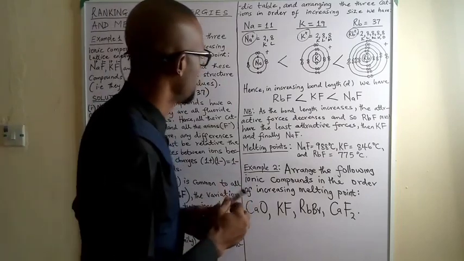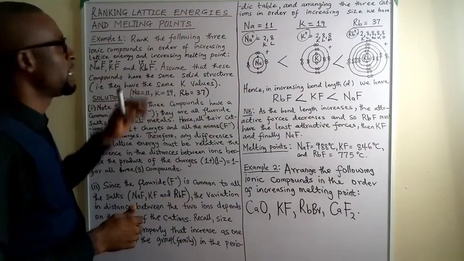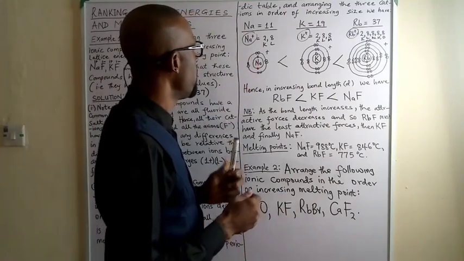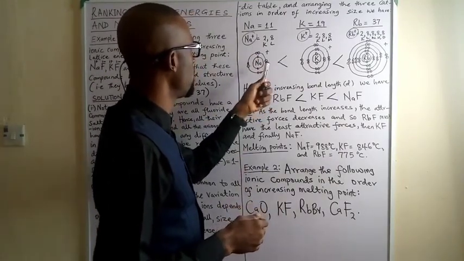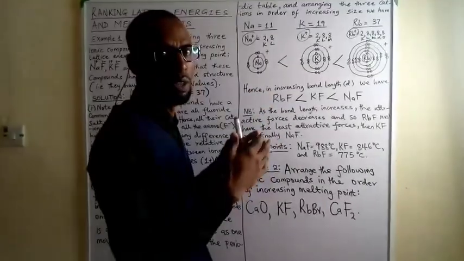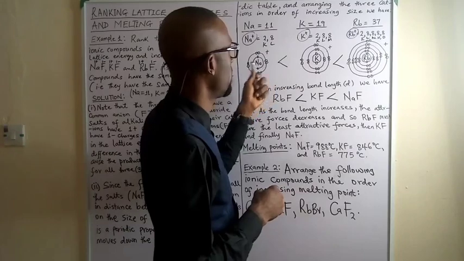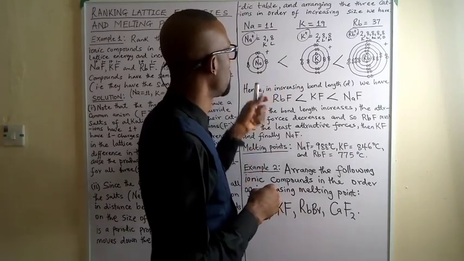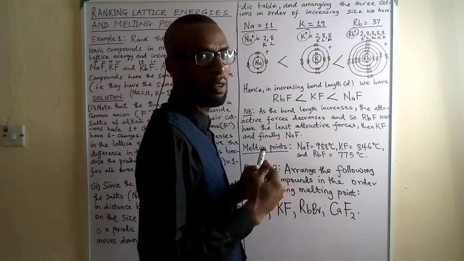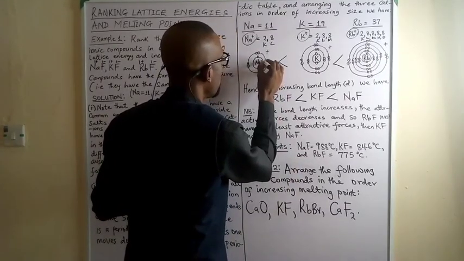So if you have sodium fluoride, remember that the fluoride ion is common here. If sodium ion makes an ionic bond with fluoride ion, the bond length will be shorter, because you are dealing with 2 shells here. The lesser the number of shells, the shorter the atomic or ionic radius.